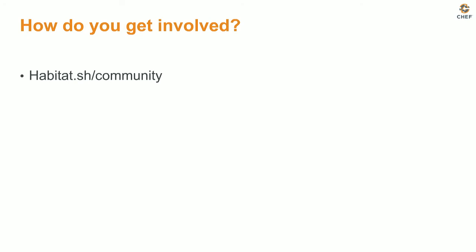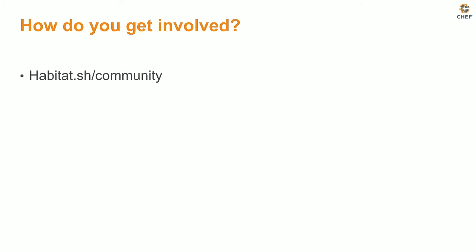How is Habitat different from Chef? That is a good question. With Chef, the focus of automation is on the infrastructure itself. Historically, Chef has not been great for actually deploying applications, though it's been fantastic for getting the infrastructure you need set up for it.